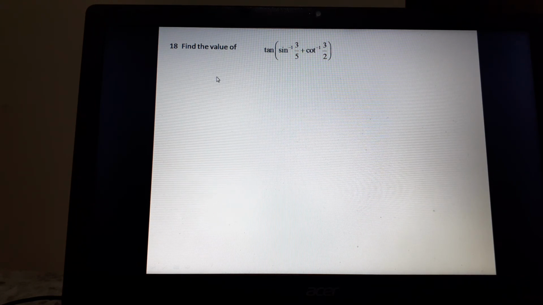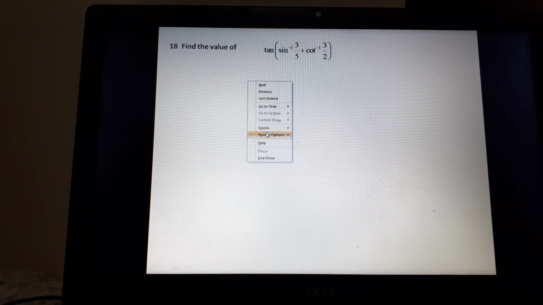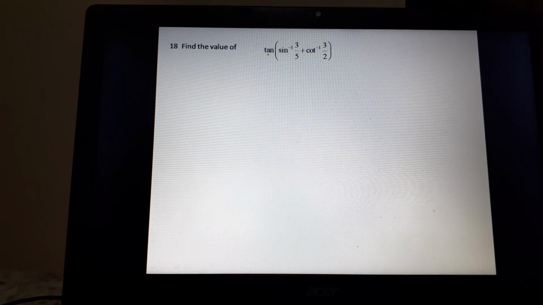Next question, 18th question. Of course, this question requires a little bit of careful thinking. Otherwise, we will be in difficulty, because one is sine inverse 3 by 5, another one is cot inverse 3 by 2. You can use the tan formula, provided both are in terms of tan inverse.